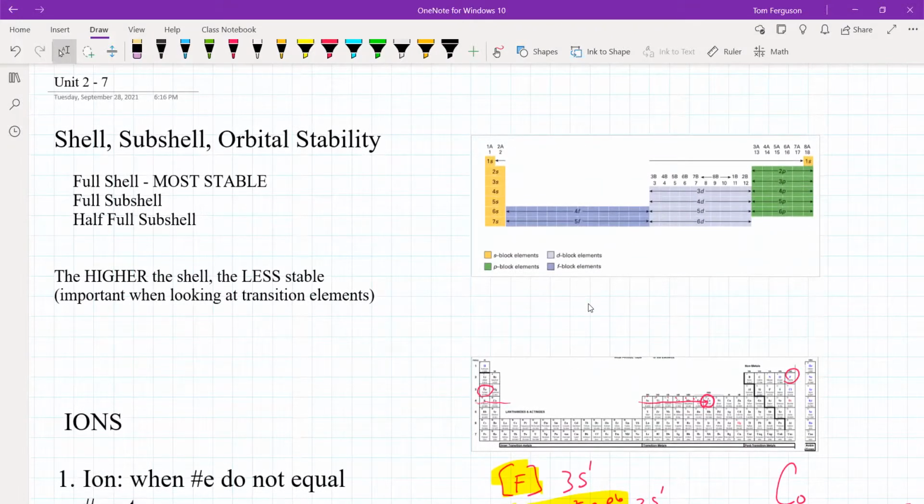There are definite stability differences in how the electron configuration is set up. The most stable configuration is when the shell is totally full.